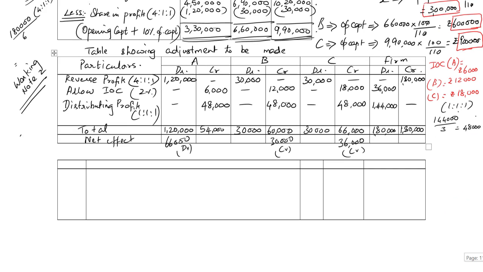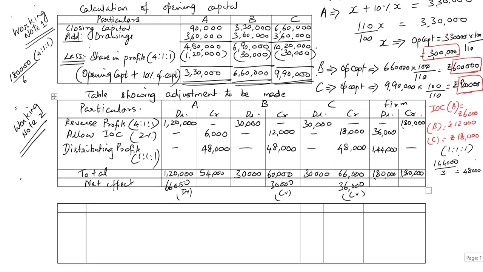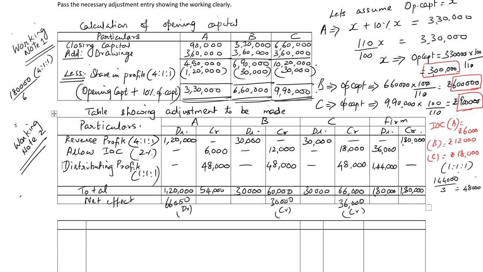Let's go ahead with the solution. We followed the fluctuating capital method, so the rectification adjustment entry should be passed through the partners' capital accounts.